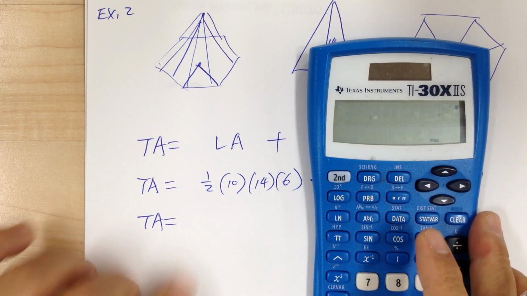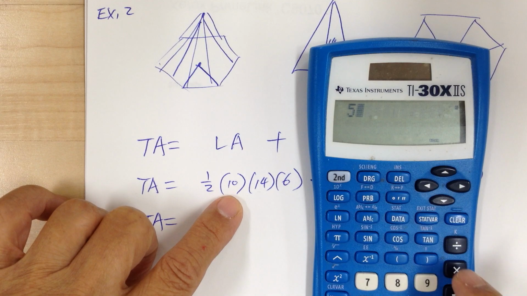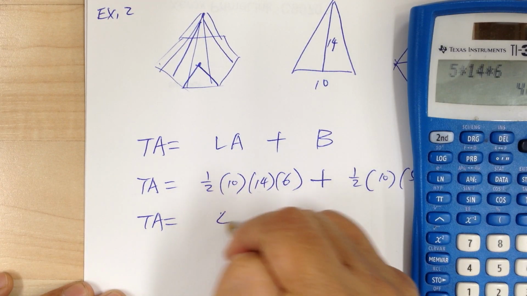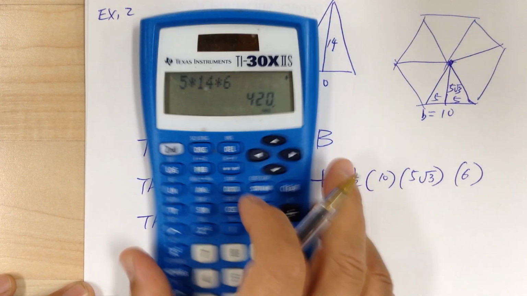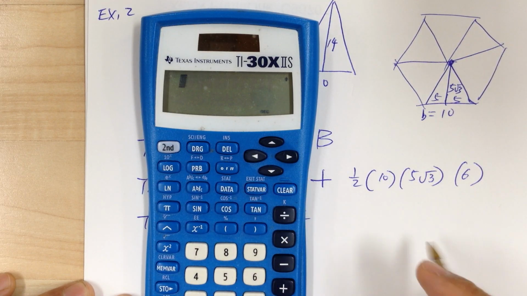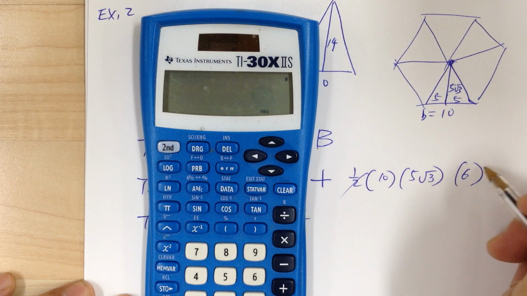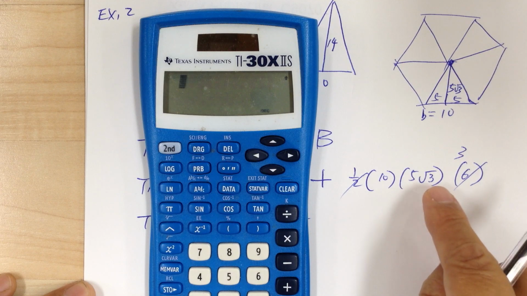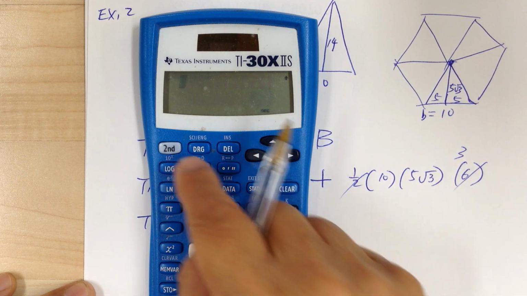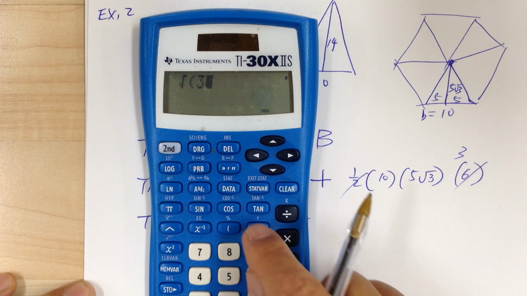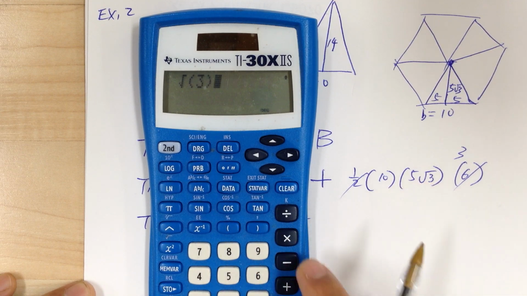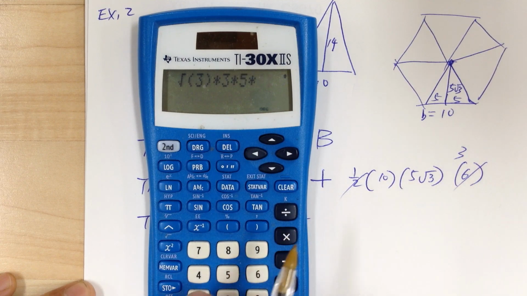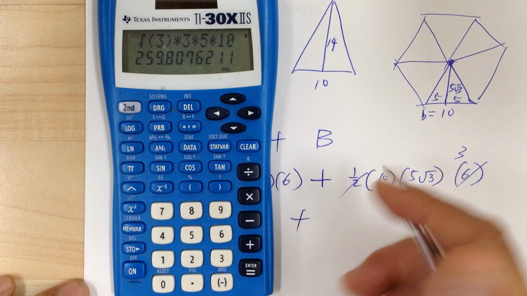So use your calculator. It'd be 420 plus, use a calculator. I like to kind of cancel things out, so I'm going to use the square root of 3 first, times 3, times 5, times 10.